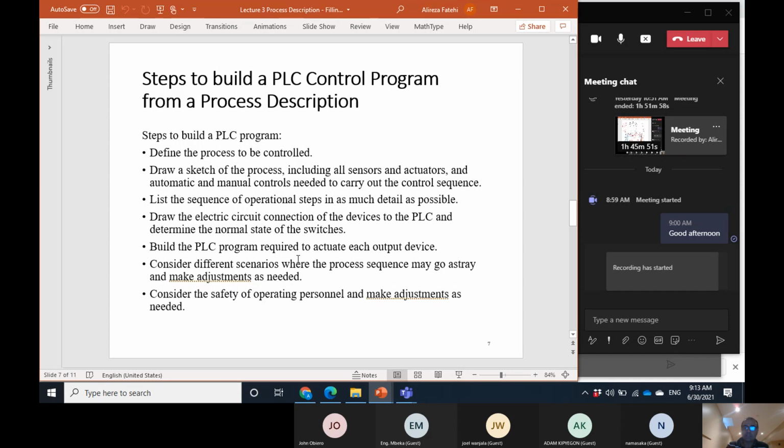So our duty is not to create the control requirement, it is to implement the control requirement as the PLC program. What is required is something that we should check with the process experts.